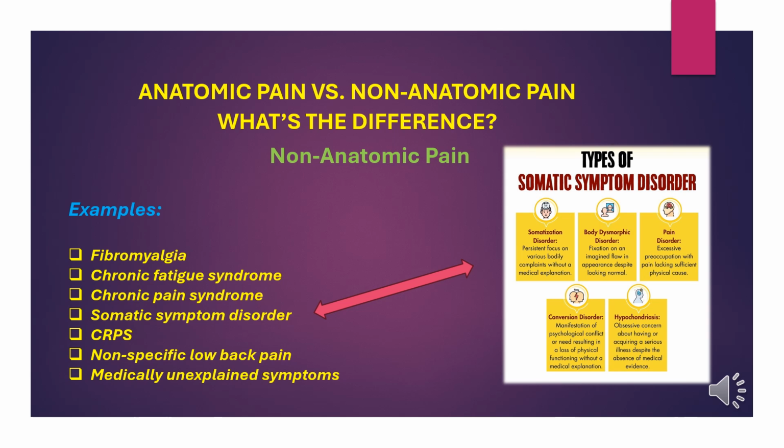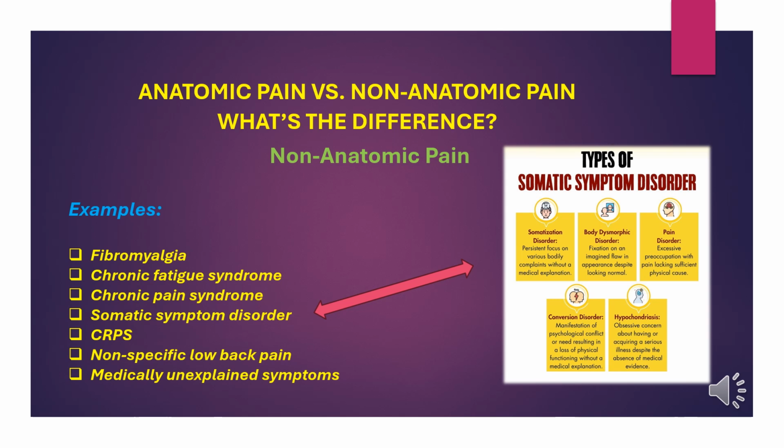Okay, so some examples of non-anatomic pain include fibromyalgia. Now, fibromyalgia is a condition that's characterized by widespread musculoskeletal pain, fatigue, and tenderness in localized areas without really any clear anatomical cause. Okay, chronic fatigue syndrome.